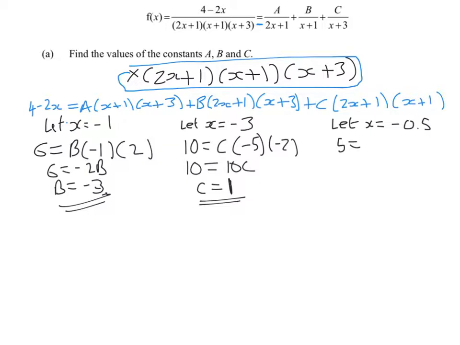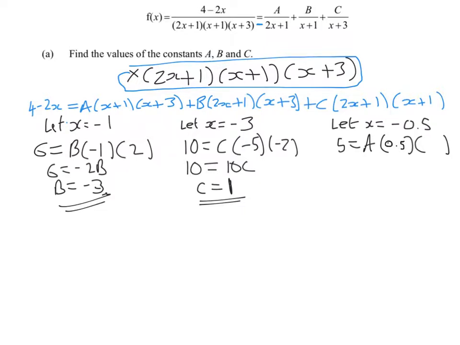Now let's have a look at what we've got left. We've got A. And with negative 0.5, x plus 1 is going to give me negative 0.5 add 1, which is 0.5.